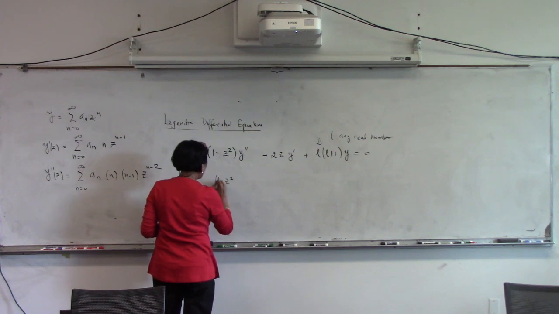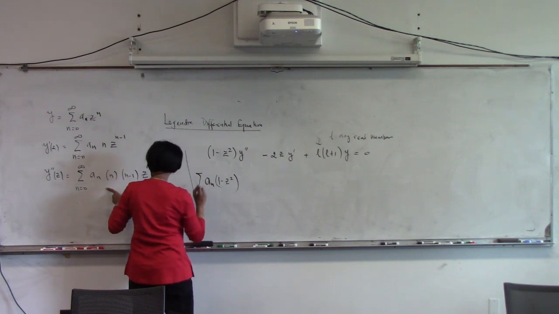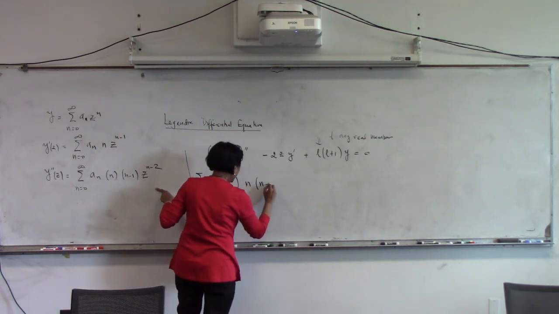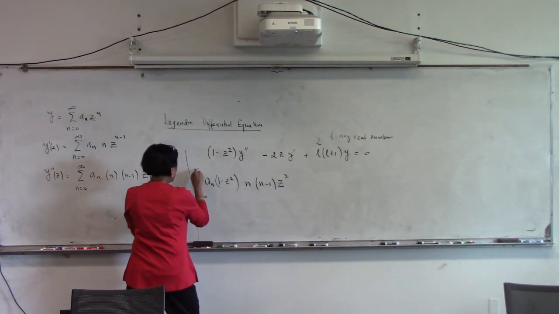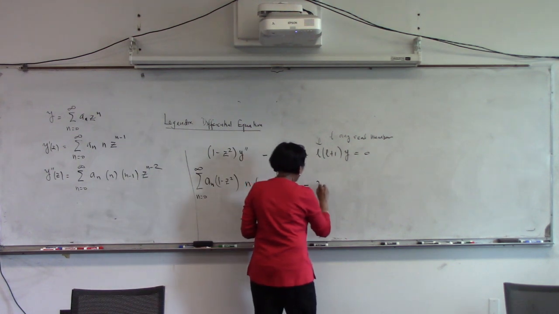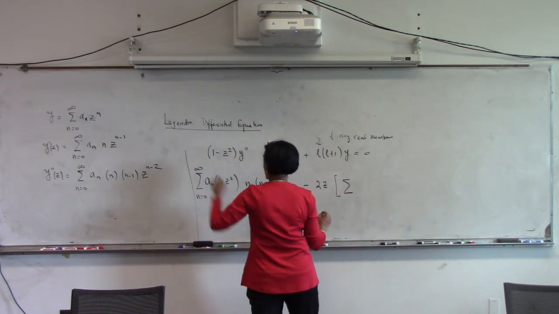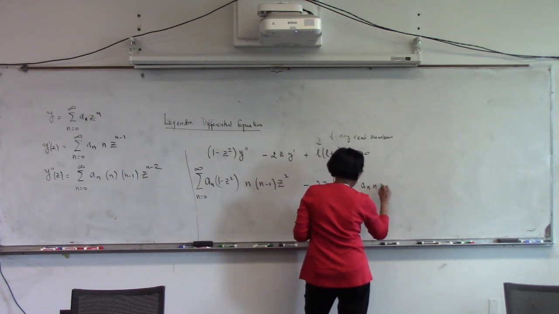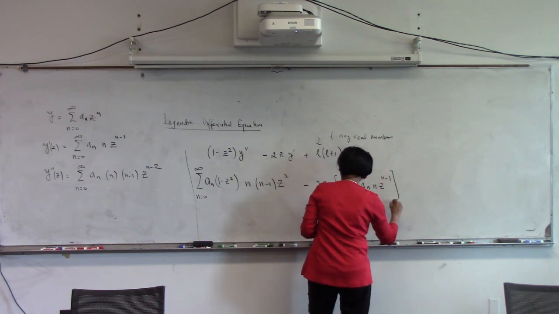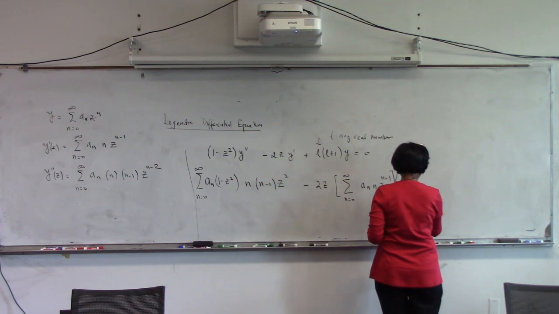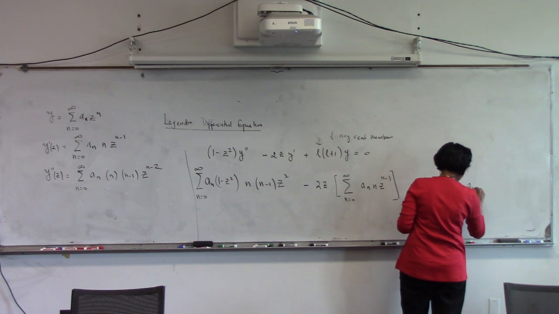1 minus z squared, and y double prime is here: a sub n, n times n minus 1, z to the power of n minus 2, n going from 0 to infinity, minus 2z y prime. Y prime is a sub n, n z to the power of n minus 1, n going from 0 to infinity, plus L times L plus 1, a sub n, z to the power n.